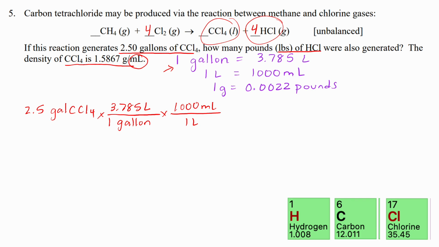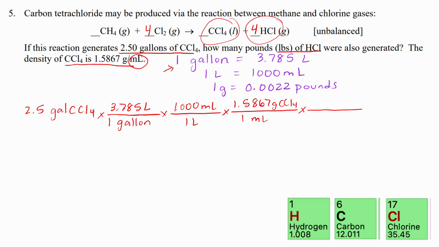So now that I'm here and I have milliliters, I can use this density to cancel out milliliters and leave me with grams. So I know that 1.5867 grams of CCl4 is equal to 1 milliliter because it's per milliliter. So now that I'm in grams of CCl4, I can finally get to moles using the molar mass.